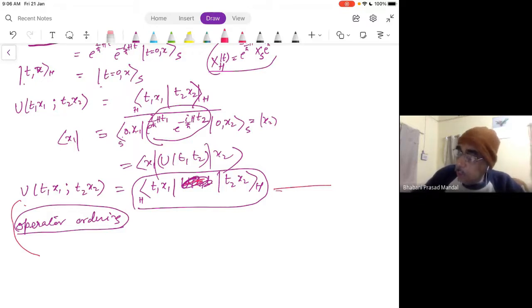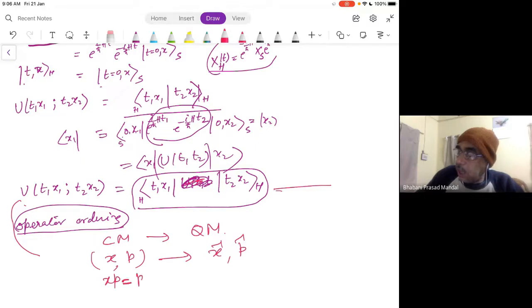When we go from classical mechanics to quantum mechanics, we know that these dynamical variables x, p in classical mechanics will be operators x and p. Now, in classical mechanics, your xp is same as px, because they are just function variables, so they are not operators. So their order is not important.